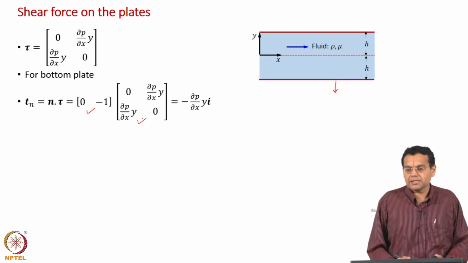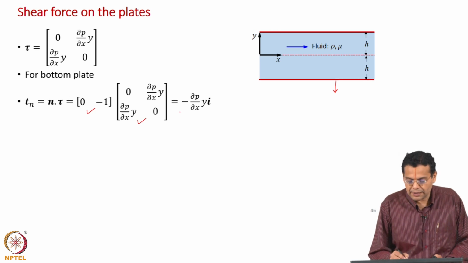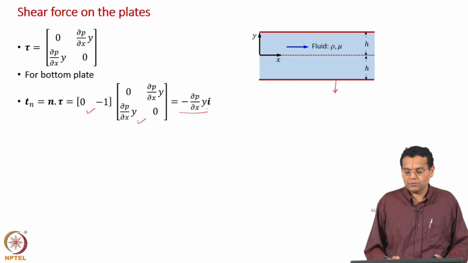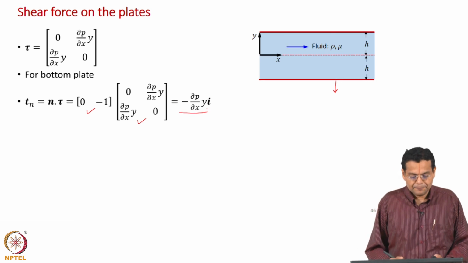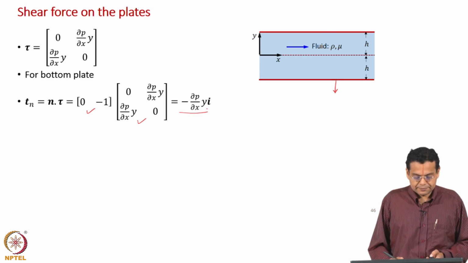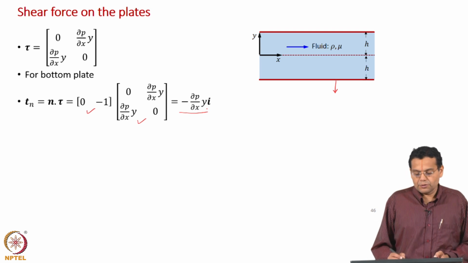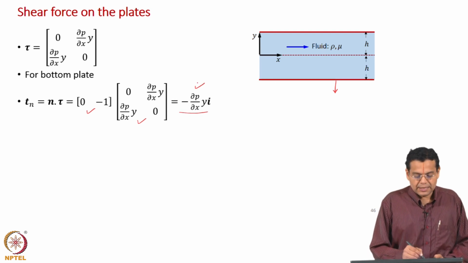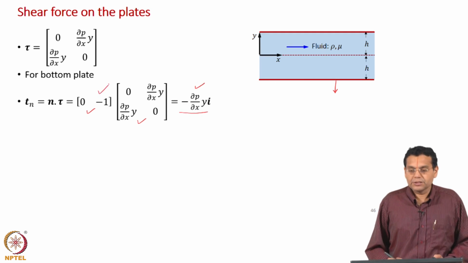Do a simple matrix multiplication. Now we will get minus dou p by dou x y i, because once again it has component along the x direction, there is no component along the y direction. The sign has changed because our normal vector is now 0, minus 1.